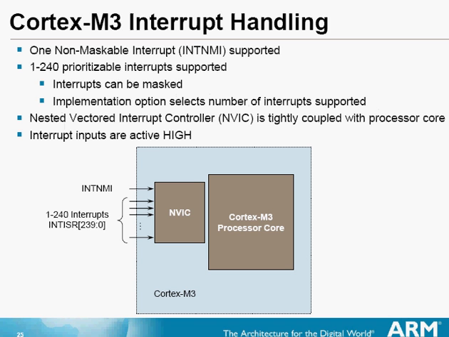Cortex M3 interrupt handling. Cortex M3 has NVIC, Nested Vector Interrupt Controller, a kind of peripheral to support up to 255 interrupts. Other than that, it also has WIC, Wake Up Interrupt Controller, which is similar to NVIC, but it doesn't need any clock to run.